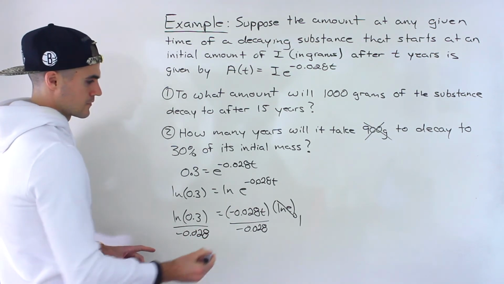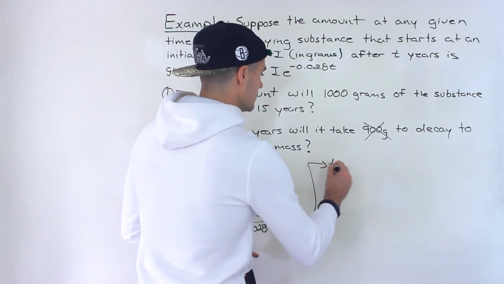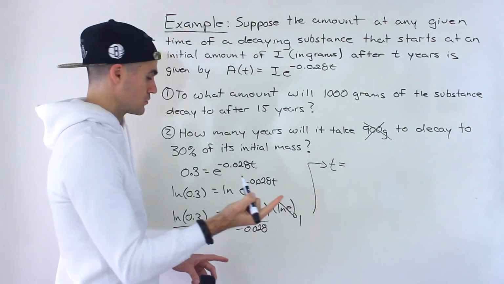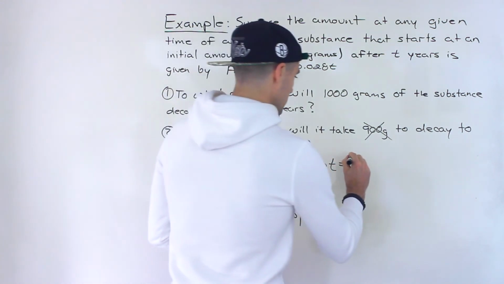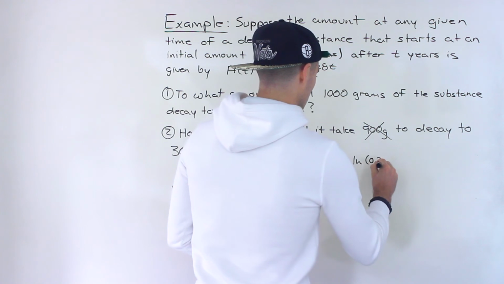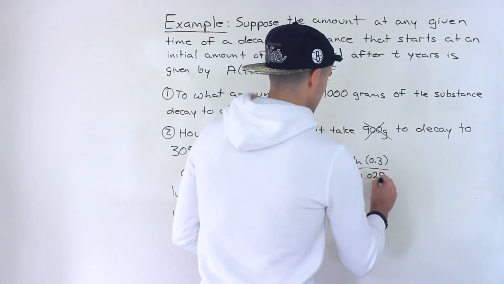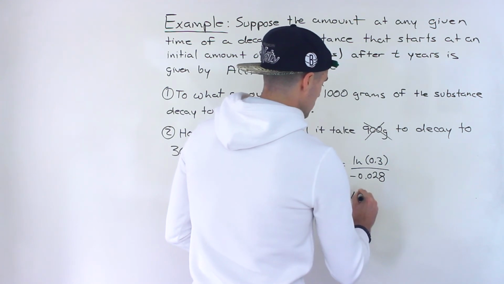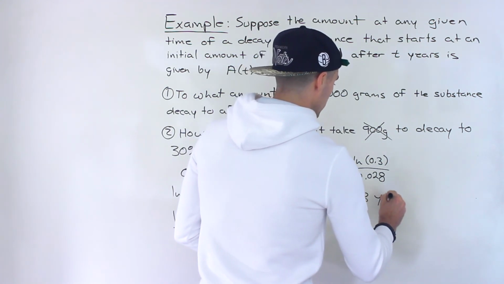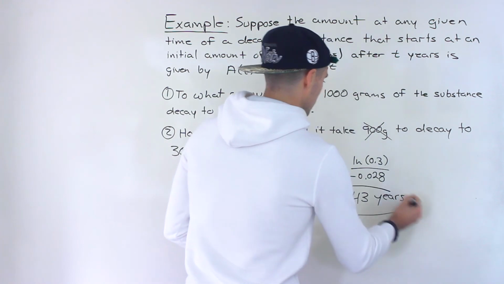Like that. And so the t, the number of years, that's what we're solving for, number 2, would be ln of 0.3 over negative 0.028. And when you do that calculation, you'd get approximately 43 years.